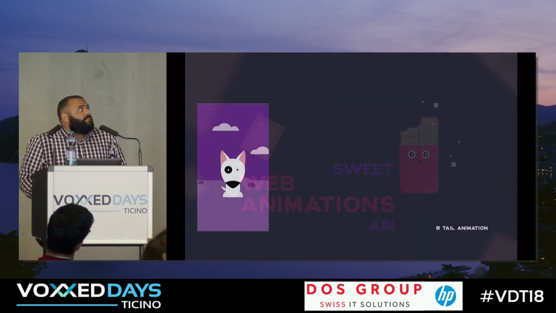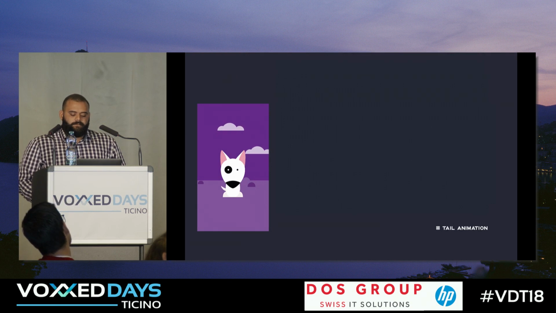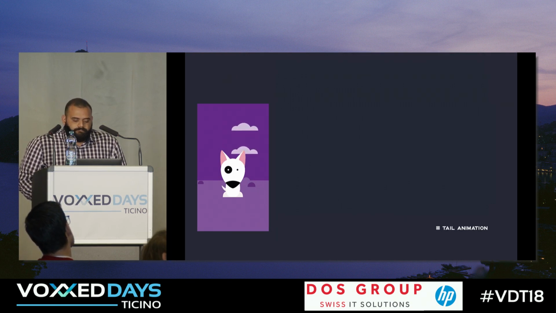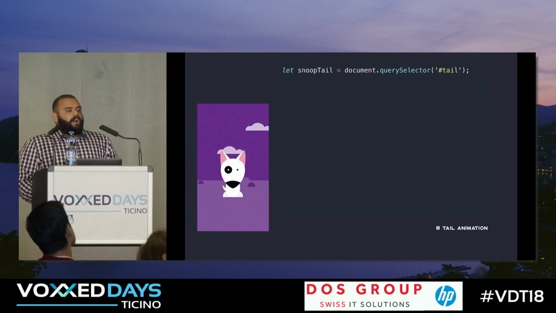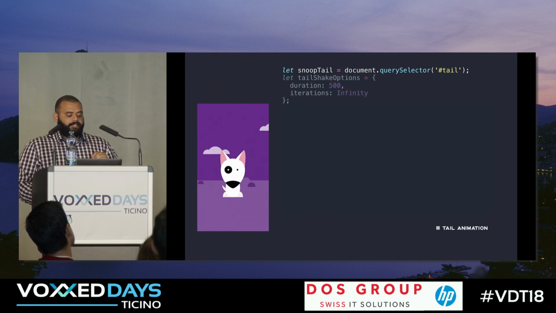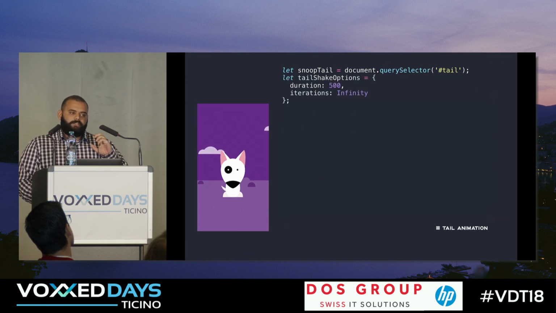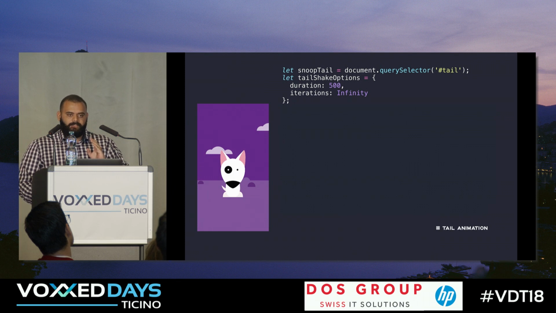So how could we create the same animation with Snoopy here, but using the Web Animation API? Basically, I would have to get all the elements I want to animate, then create an object with the animation options that are exactly the same options that we have with CSS animation, and some other options.